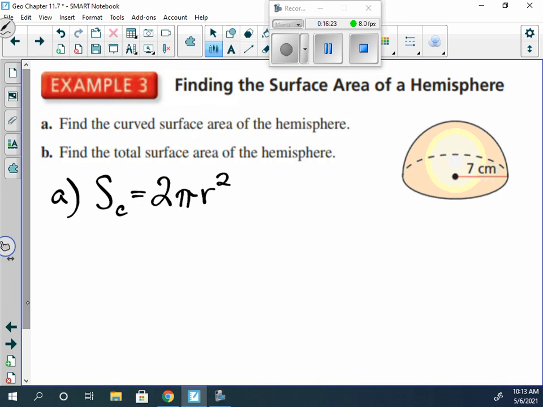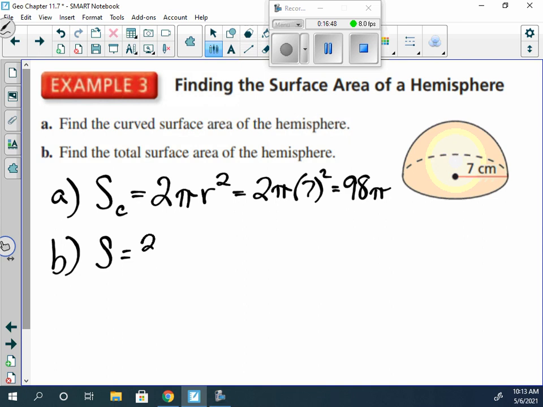It's 2 pi r squared. Well, the radius, they told us, is 7, so we'd have 2 times pi times 7 squared. So the whole curved part of it is 98 pi. Any questions on how we got the curved area, surface area?